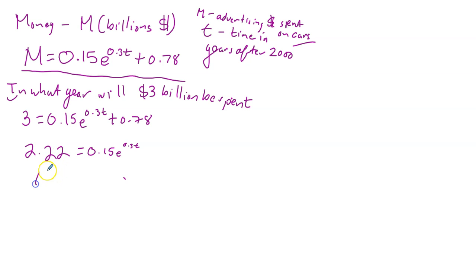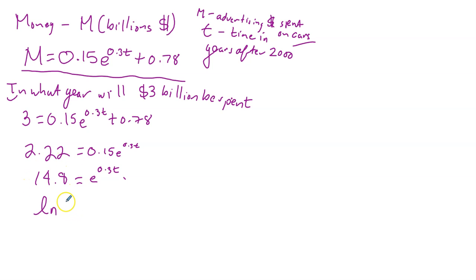So that'll give us 14.8, right? You're just using your calculator, is E to the 0.3 T. And now we have an exponential function, so we convert that to log form. So we have log base E. Well, the way that you write log base E is ln.